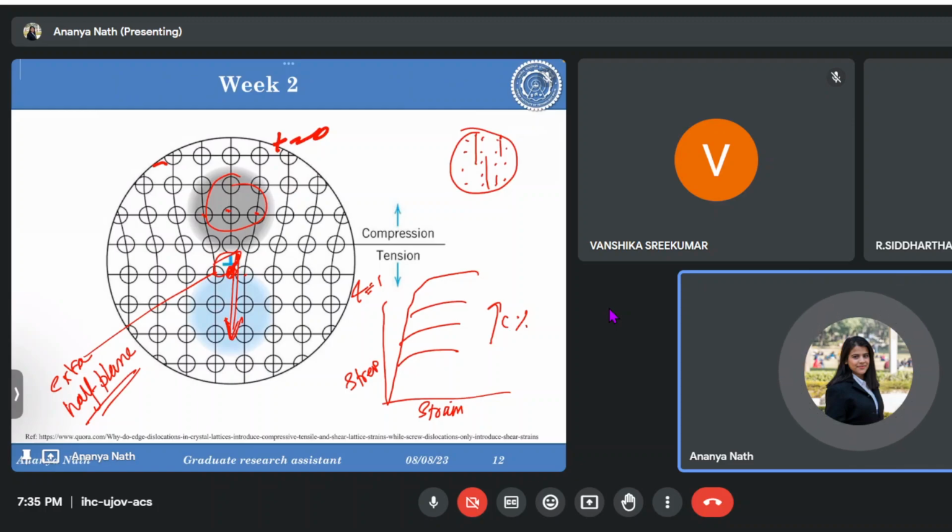So what did you understand by stacking faults? If I say what is stacking fault, not stacking fault interaction, what is stacking fault?